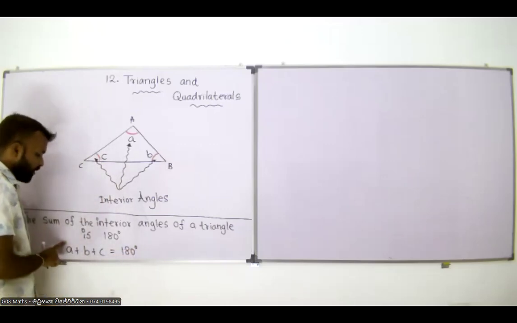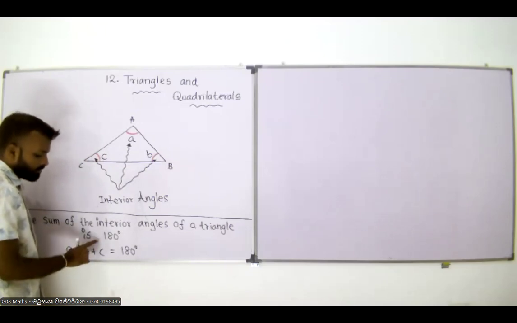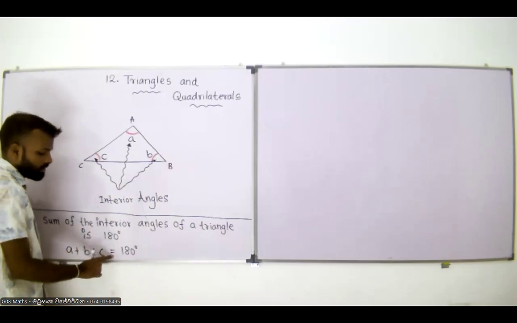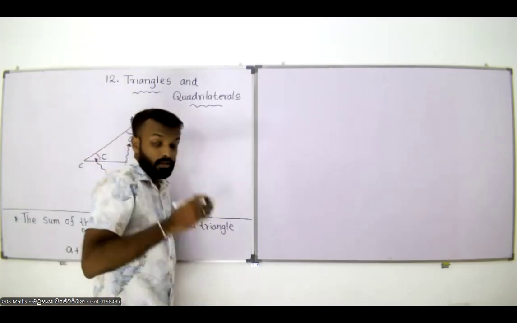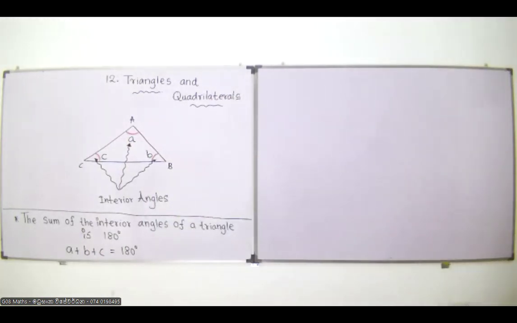If you add the magnitude of angle A, angle B, and angle C, it is equal to 180 degrees. Very important. Please remember that.